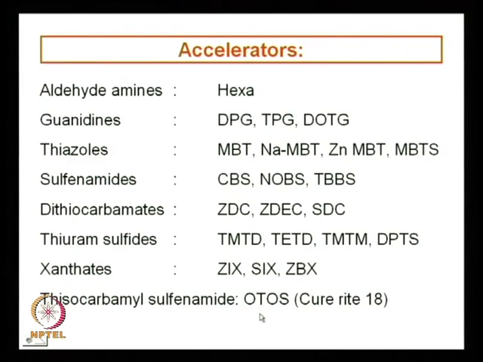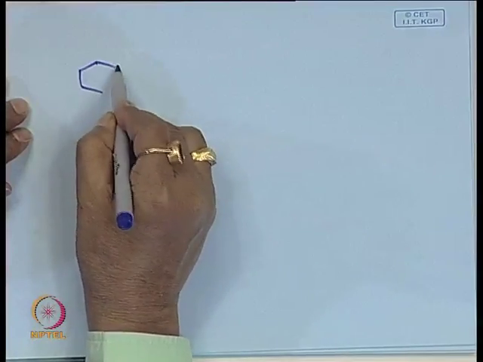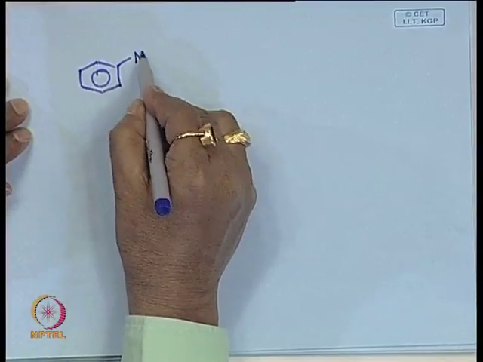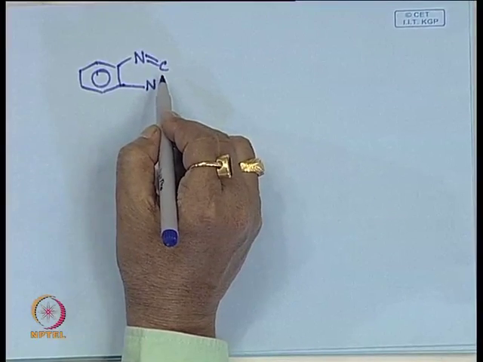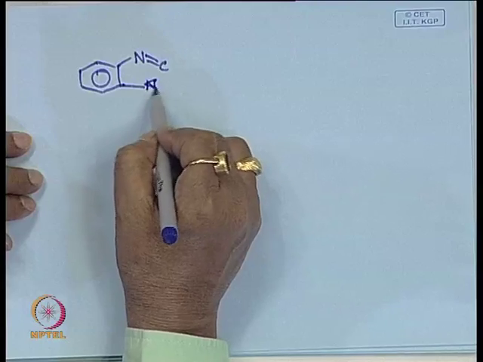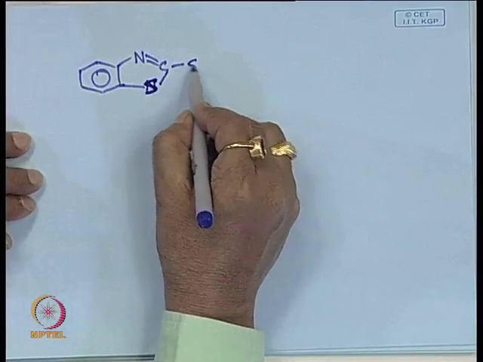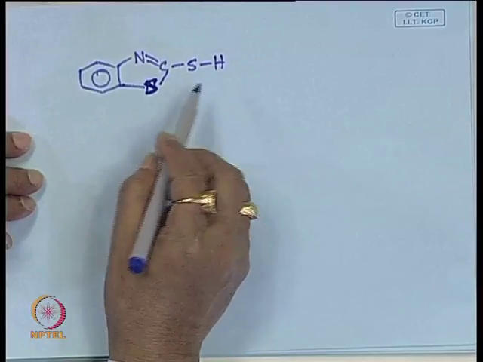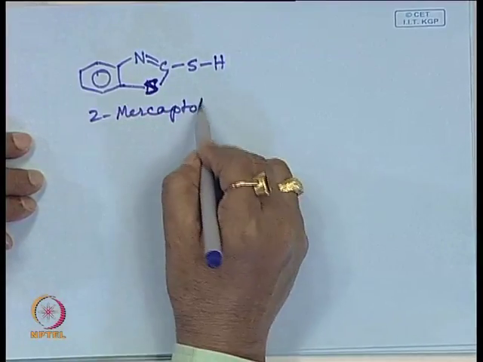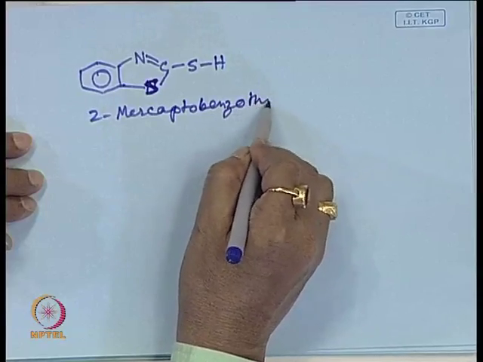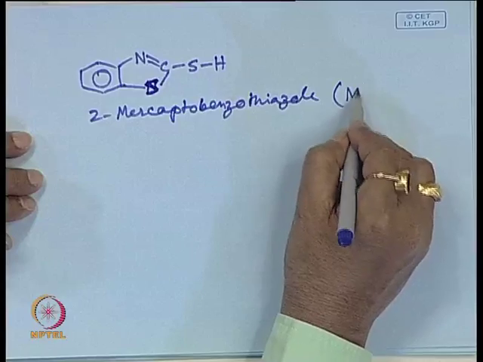Now, if I show you some formulas, say MBT. This is 2-mercaptobenzothiazole, with SH, known as MBT.